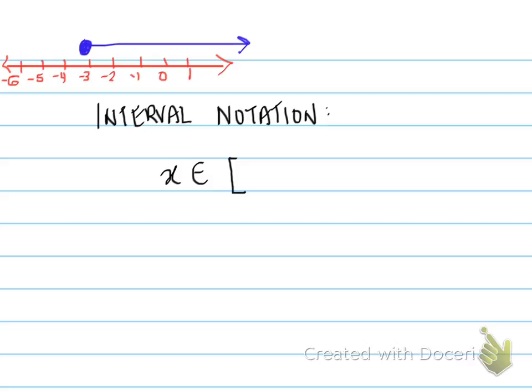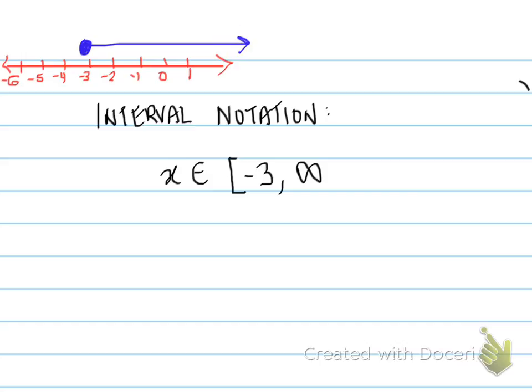So x belongs to, and we start off with a square bracket. Why? Because we're including that -3. It means that the number actually starts exactly at -3. Because of that, we include it, so it's a closed bracket, -3, all the way up to infinity, folks. And think about it.